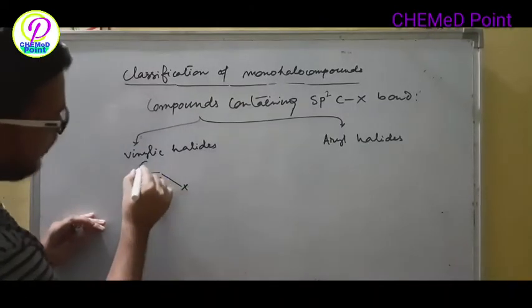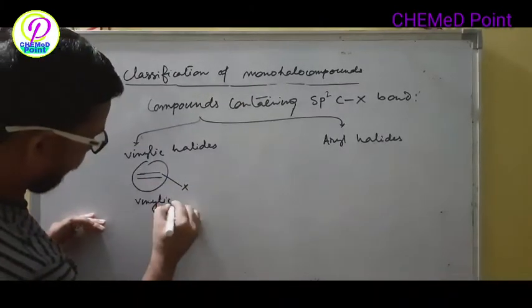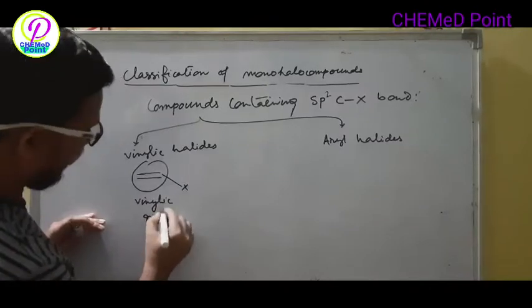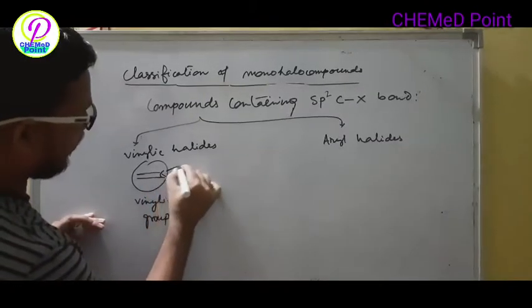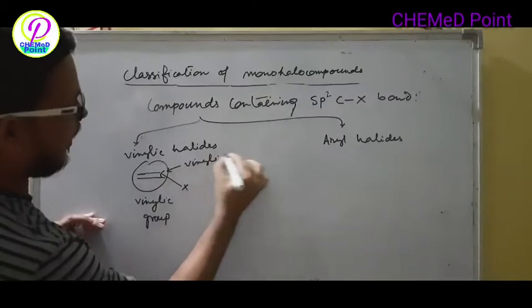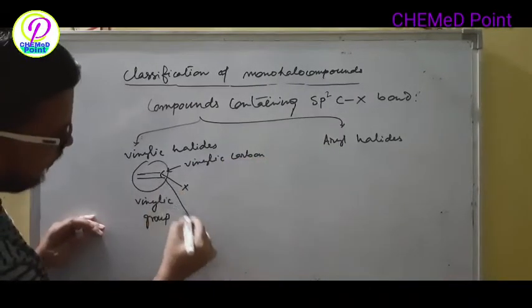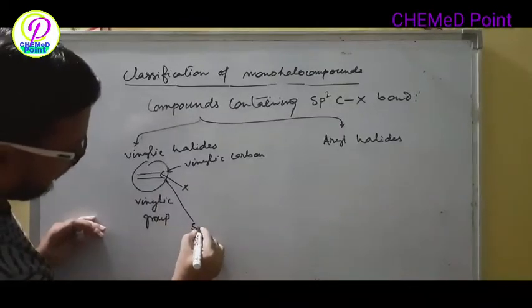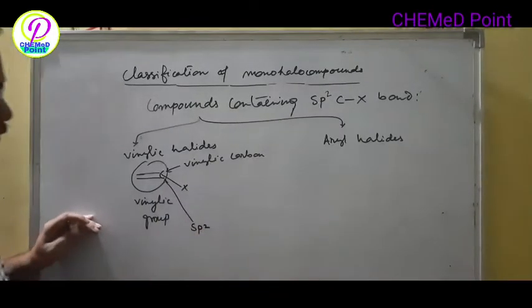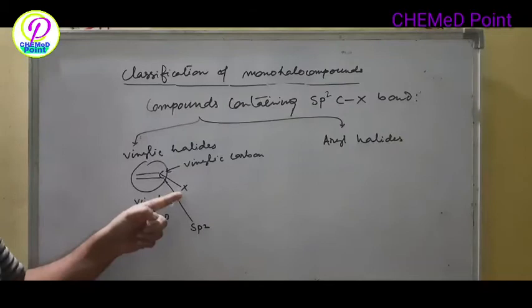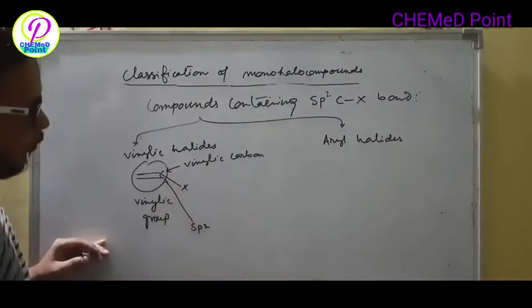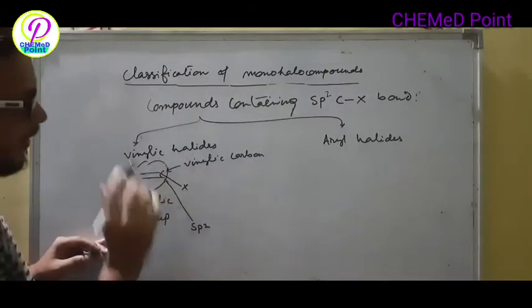You see this group is the vinylic group and this carbon atom is the vinylic carbon, and the hybridization of this carbon is sp2. You see the halogen atom is attached to the vinylic group, that is vinylic halides.